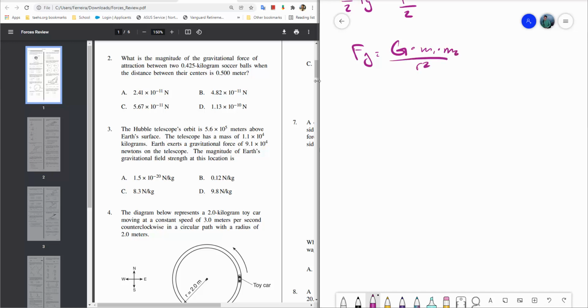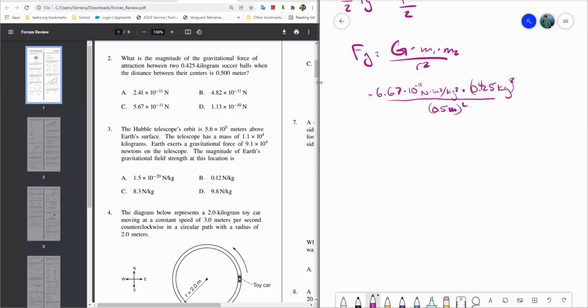Now, since these masses are the same, we're going to basically do the universal gravitational constant, 6.67 times 10 to the negative 11 newtons times meters squared over kg squared, found in your reference table, times m1 times m2, or 0.425 kg. I'm going to square this guy because one soccer ball times another soccer ball is soccer ball squared, divided by the radius squared, 0.5 meters squared.